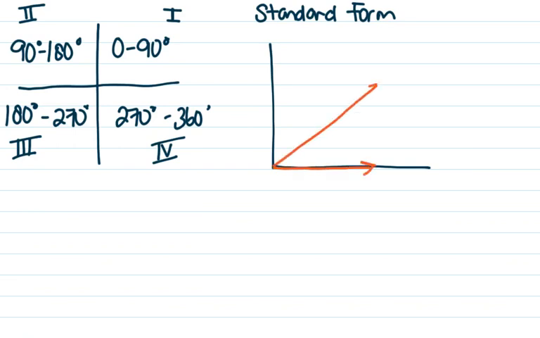Then we're going to draw a diagonal line. And we're going to talk about this angle between those two. So this line here on the x-axis is called the initial arm. And whenever we talk about angles on a Cartesian plane, we always start here on the positive x-axis. And that's the initial arm.